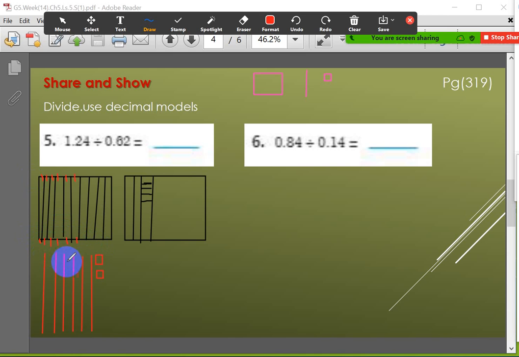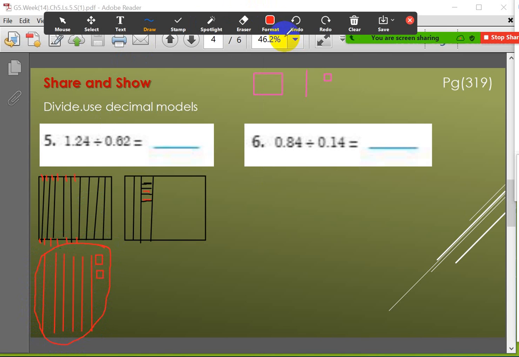I will take those 6 longs here. Okay, this is the first group. But there are 2 squares. Girls, please focus with me. Don't write on the chat. Please focus with me. I have 6 longs and I have to put what? 2 small cubes. So I will take those small cubes from here. This is the first one and this is the second one. And put it here. So this is the first group, the red one.